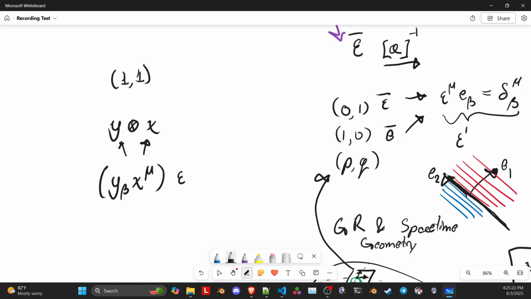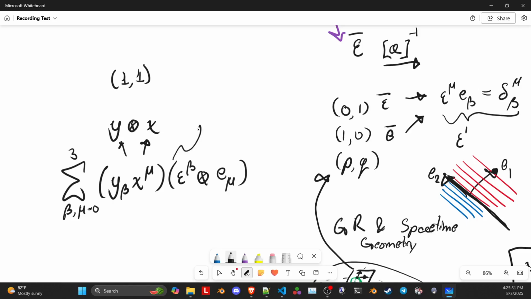Epsilon index has to match the Y index, and the E index has to match the X index, but on the opposite. And that would be a 1,1 tensor in space-time, where the components beta and mu range from 0 to 3.